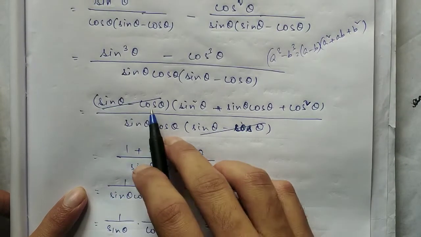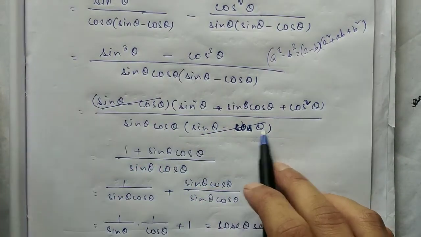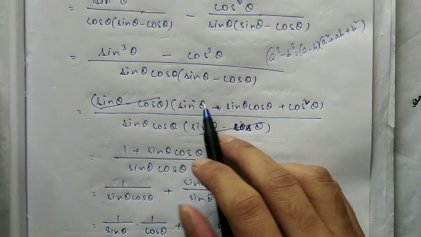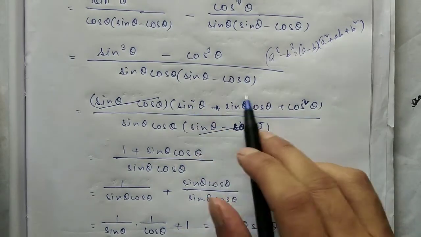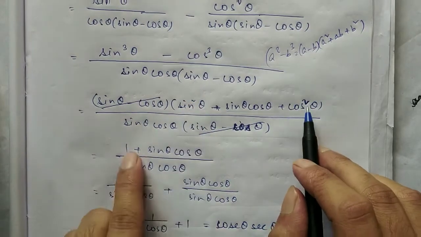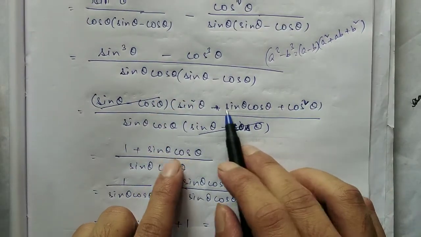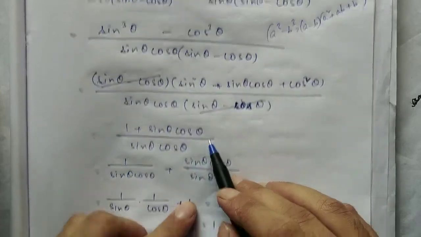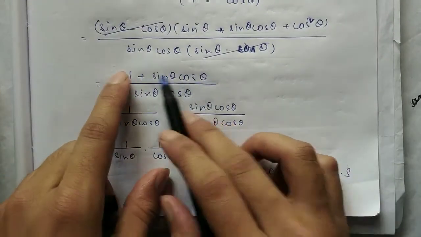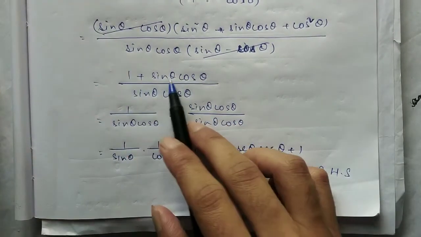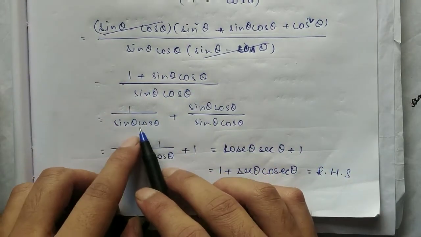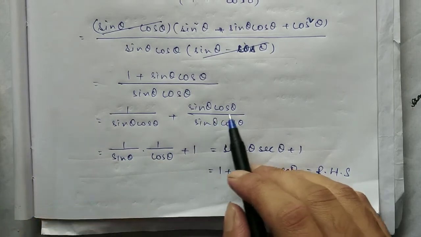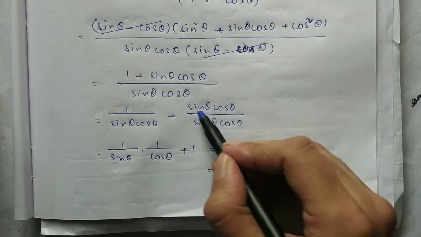Now this sin theta minus cos theta and this sin theta minus cos theta get cancelled out, and we see that sin square theta plus cos square theta, so we just simply put 1 in place of this, and we write sin theta into cos theta as it is, and we then separate the numerator 1 plus sin theta cos theta, so we get 1 by sin theta cos theta plus sin theta cos theta divided by sin theta cos theta.